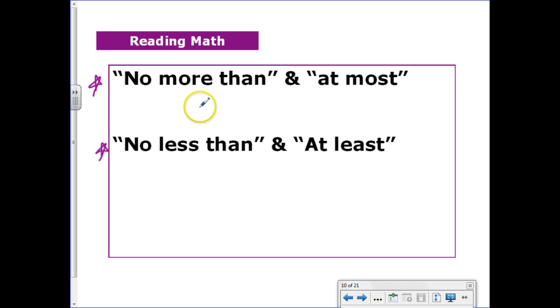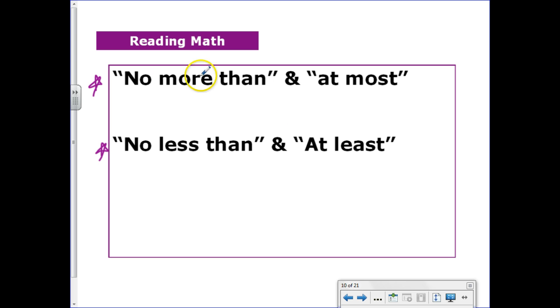Okay. Let's say we're talking about money in your pocket. Let's say it's me, I have no more than $5 in my pocket. Or I have at most $5 in my pocket. How much money could I have in my pocket? Well, could I have exactly $5? Sure, I could have exactly $5. Could I have $6?